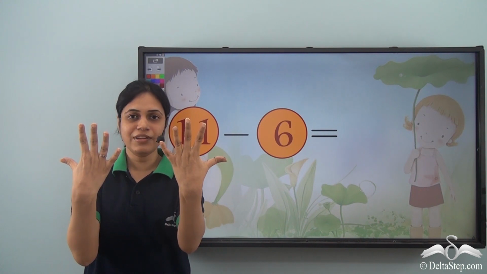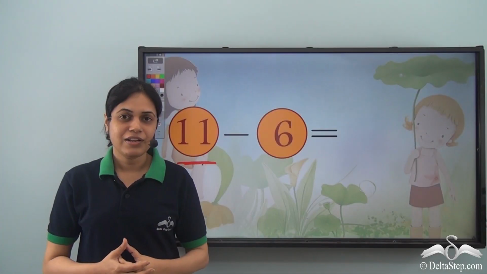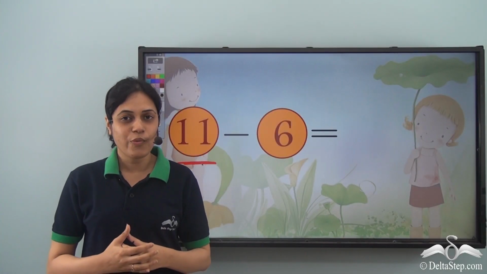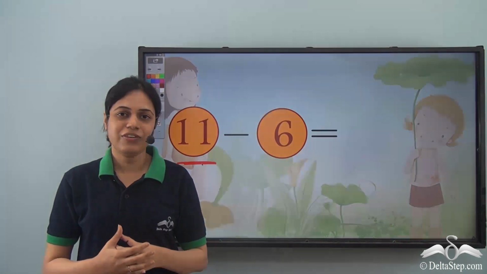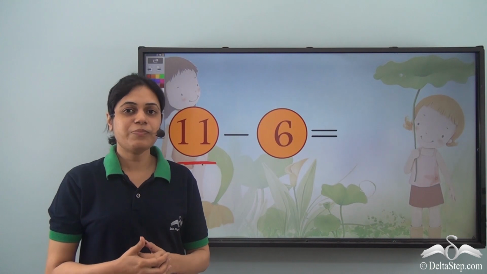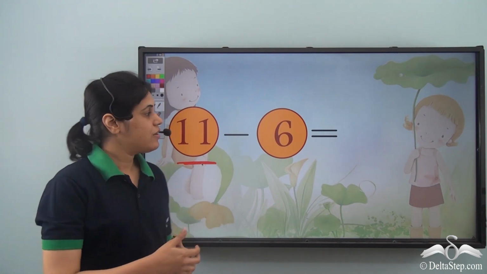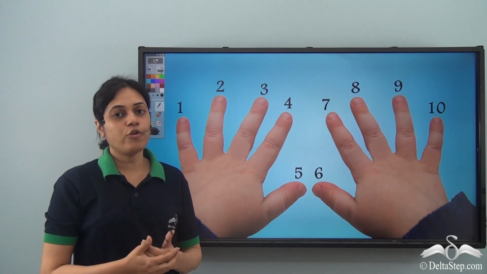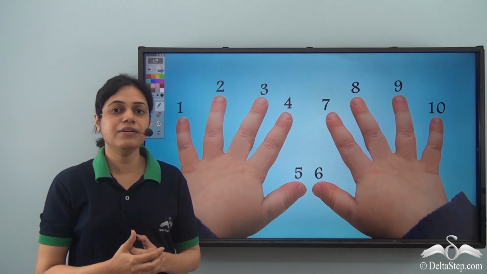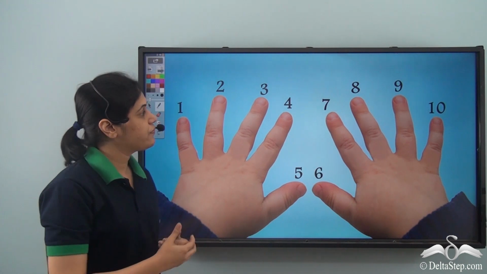And what about 11? Well, we all know there is no 11th finger. We all have just 10 fingers, right? So how do we do subtractions like this? Well, we just have 10 fingers. So how do we subtract from a bigger number than 10?